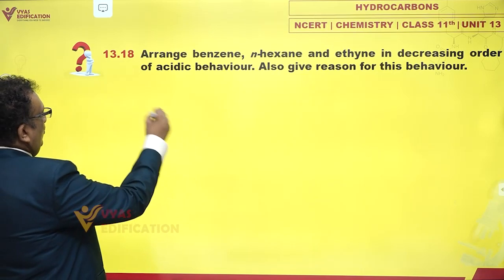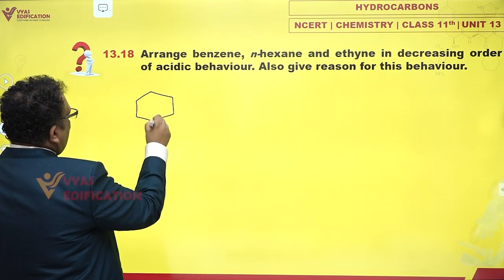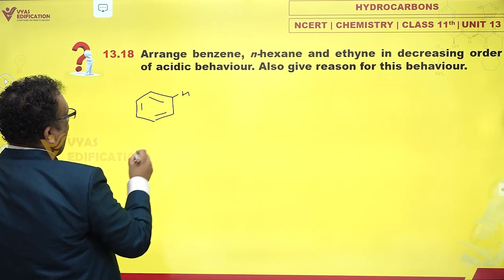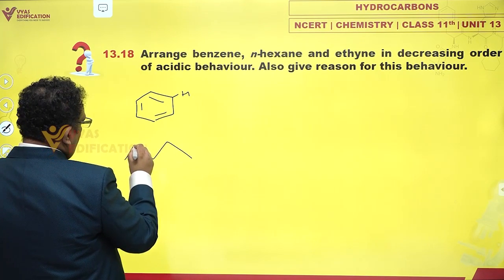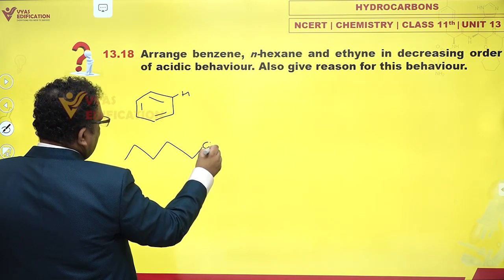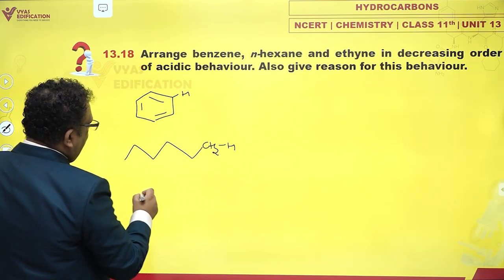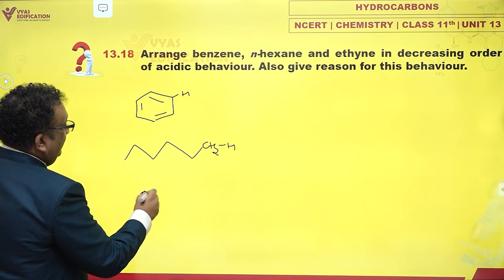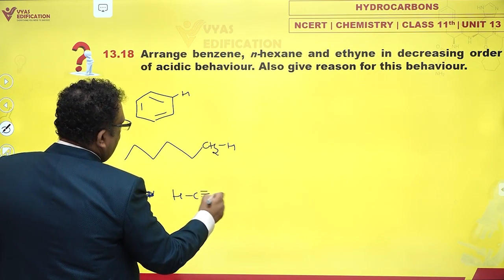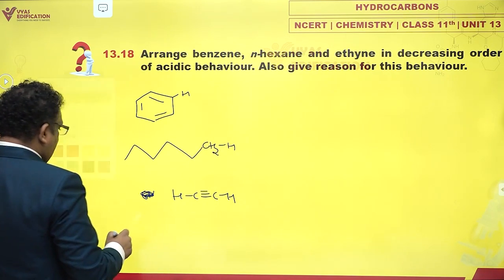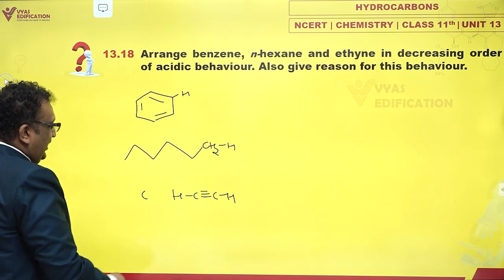Let's do that. Let us say benzene becomes acidic, and hexane becomes acidic, and ethane, HC triple bond CH, they become acidic. What is the meaning of becoming acidic?